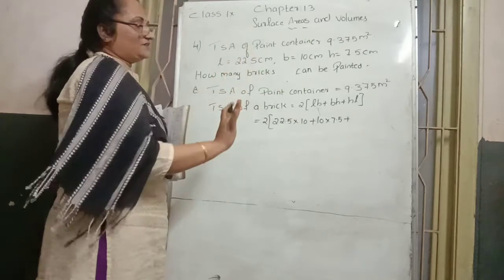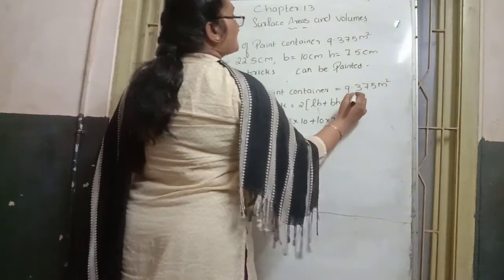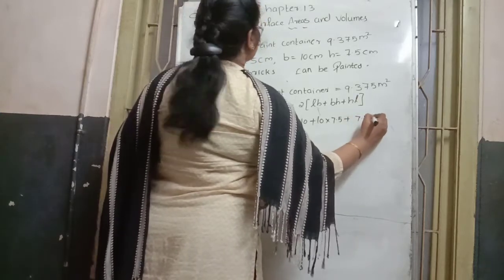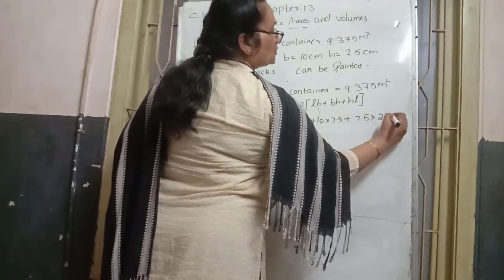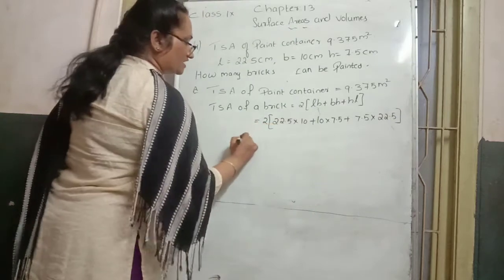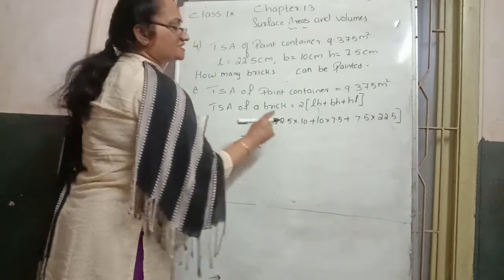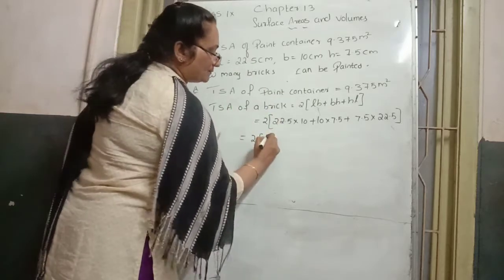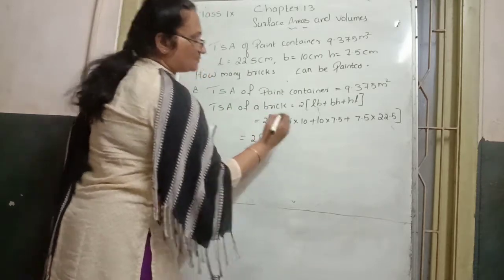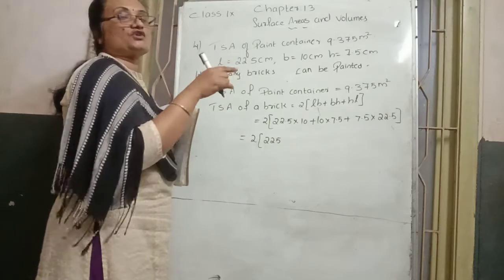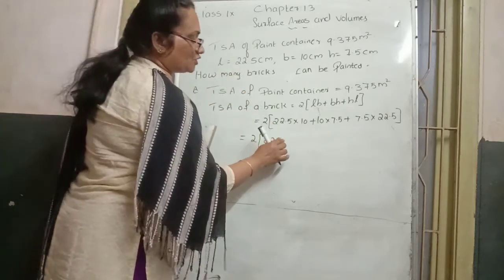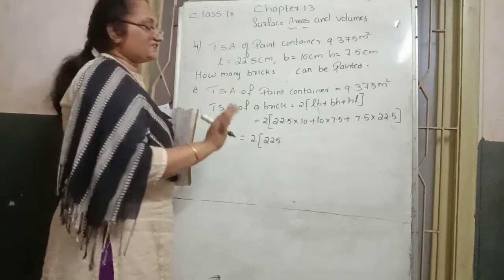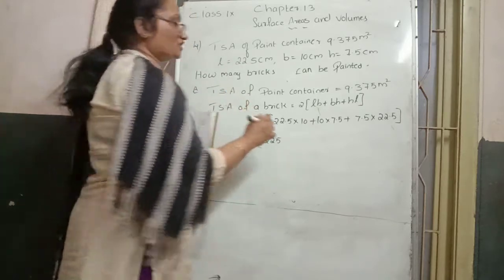All are in the same unit, centimeter, so no problem. Now the calculation: when a decimal number is multiplied with 10, move the decimal point one place to the right. So 22.5 into 10 gives 225.